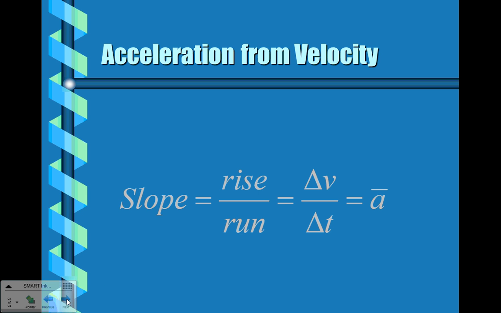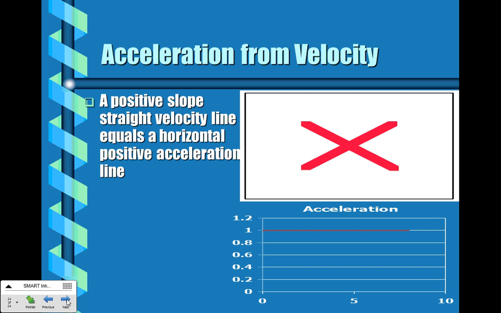And just like before, where we could get the velocity from the position versus time graph, we can also get acceleration from the velocity graph, from the slope of the line. And so in this case, we have an acceleration graph. The acceleration is 1 meter per second squared. It is a constant acceleration, and it is in fact increasing speed.